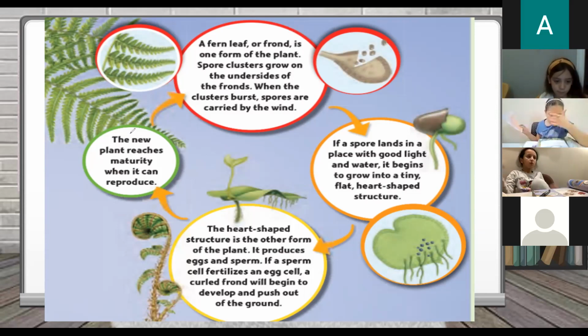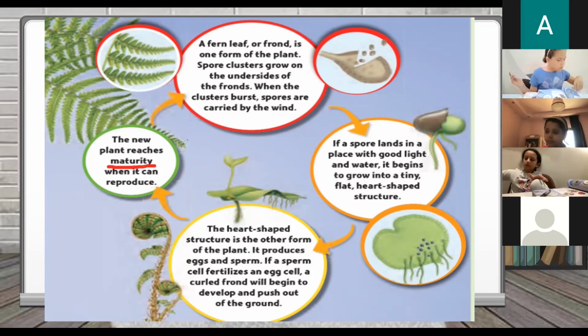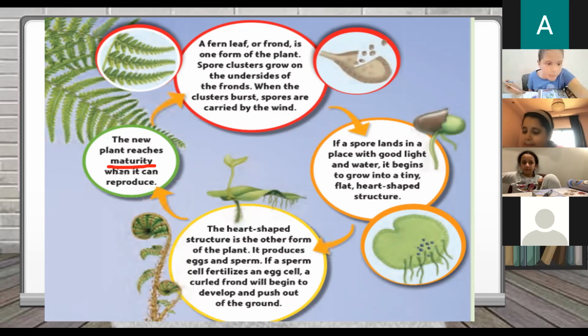We call it maturity. Over here you can see it, I underlined it. Excellent. So when a plant reaches the full size, we call it maturity.